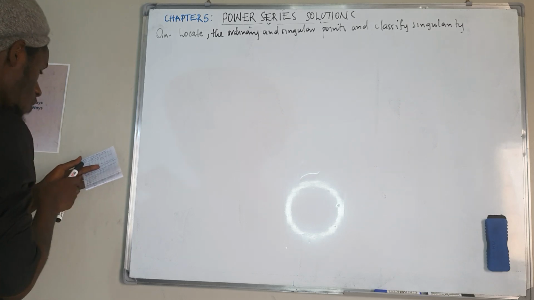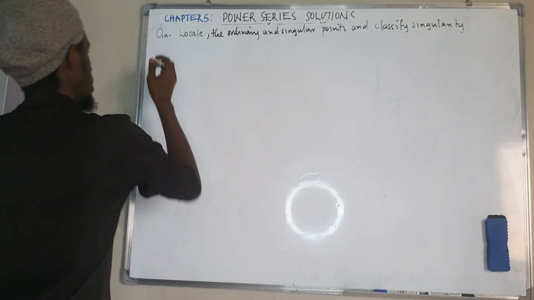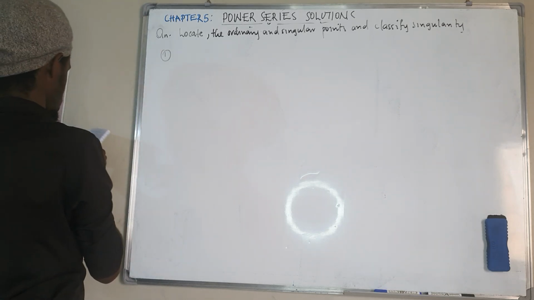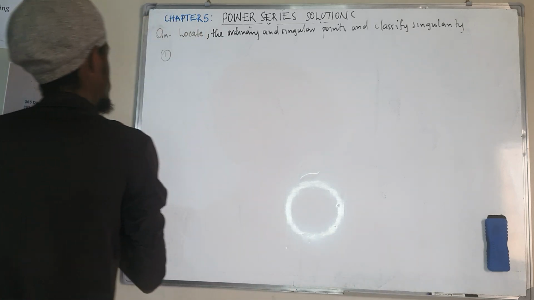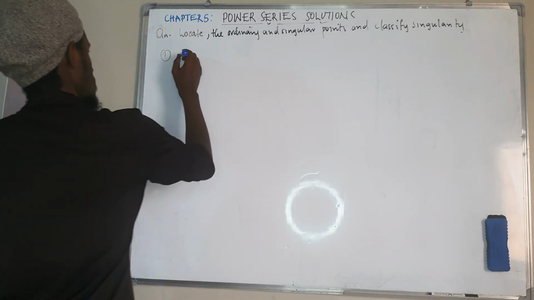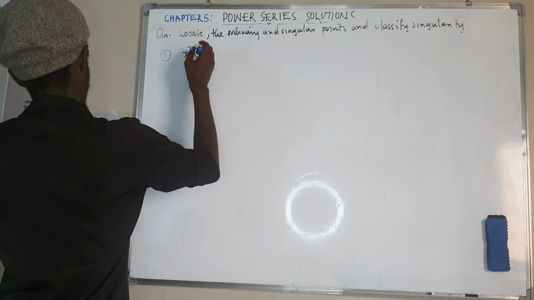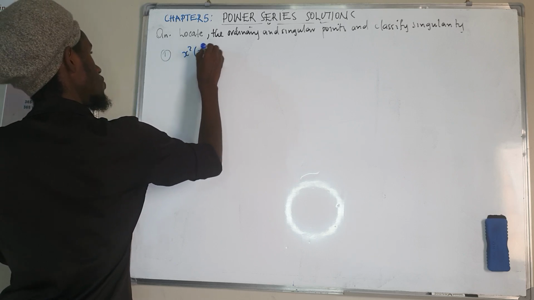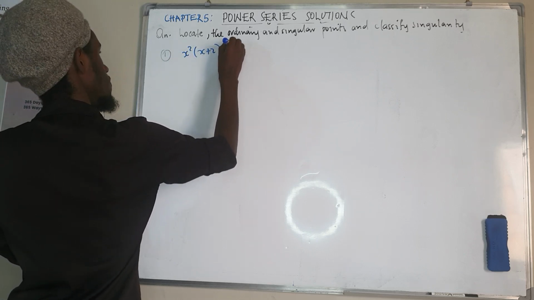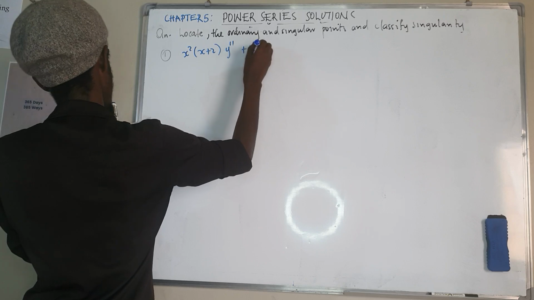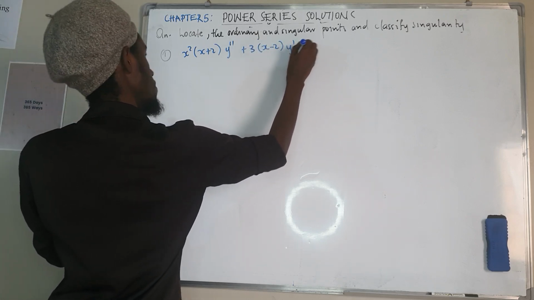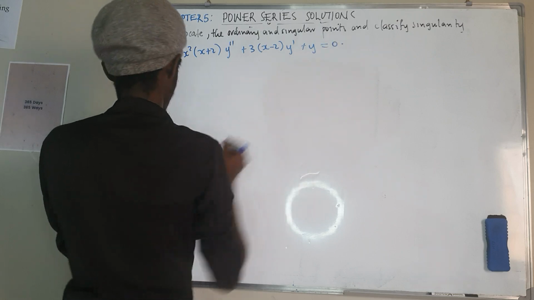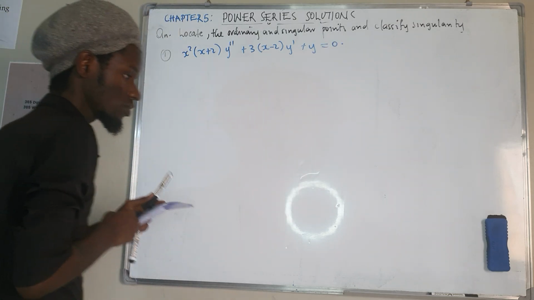Now, our differential equation is given by x squared times (x plus 2) y double derivative plus (3x minus 2) y single derivative plus y equals 0.